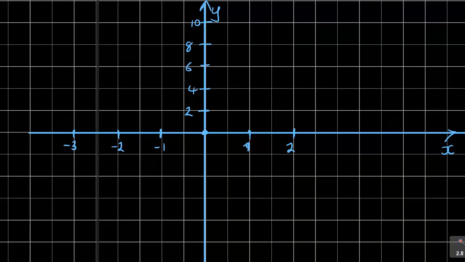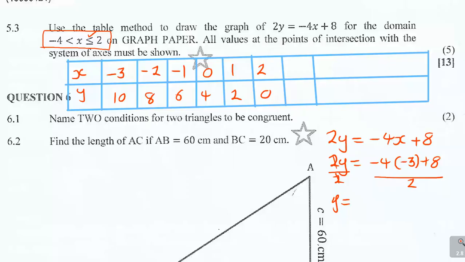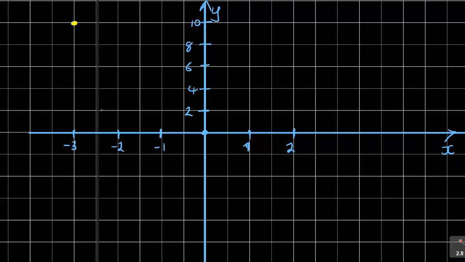So I'll start with the first one. Minus 3 is 10, so I've got minus 3 and 10. Let me do now a different marker for that. So I've got a point there. And then minus 2 is 8. I have a point there.